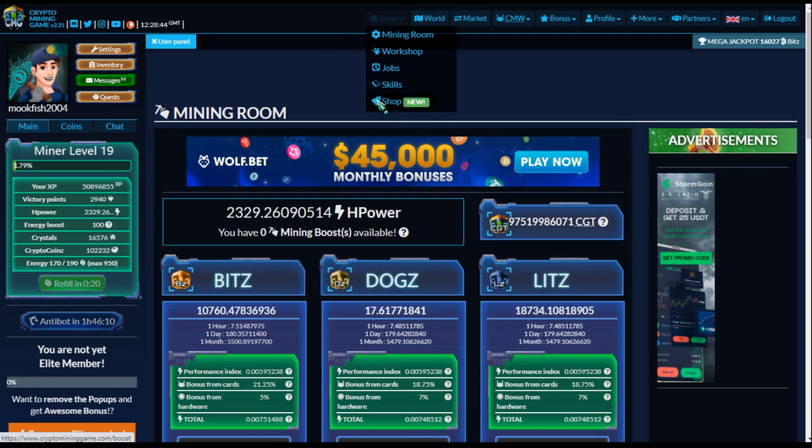Within the shop it will give you a time, so it might say in 3 hours there'll be something new, but also something free for you to come and collect. Now what they've done in the drop down is put this flashing "new", and that tells you that time has expired and you can go and collect those items.